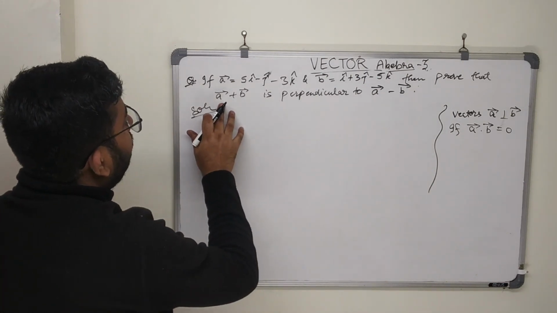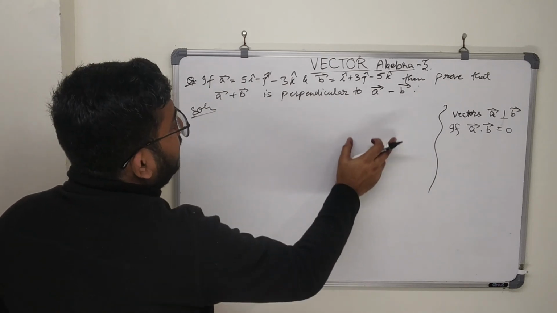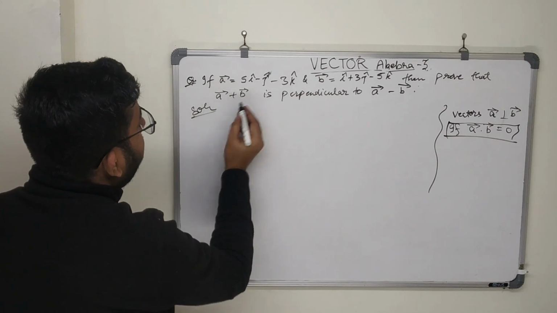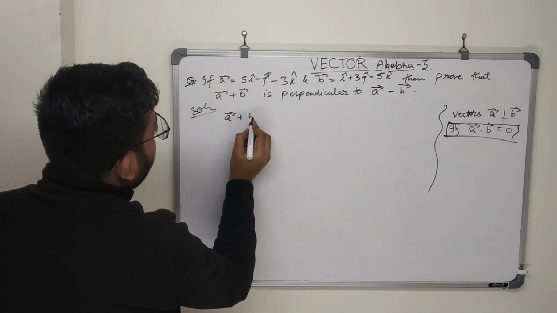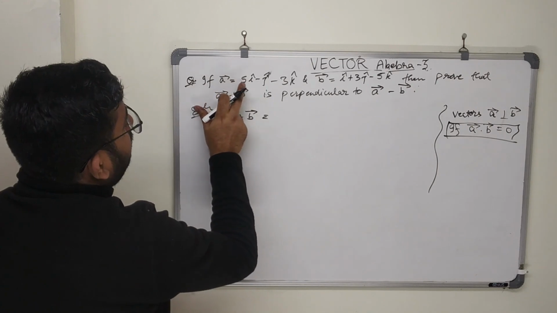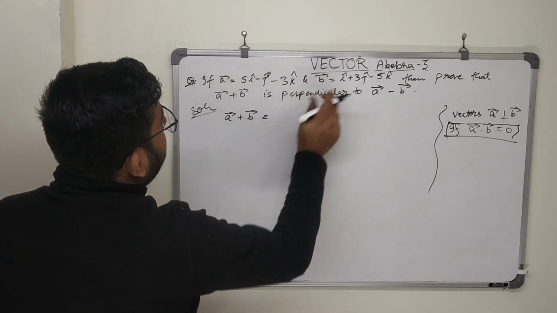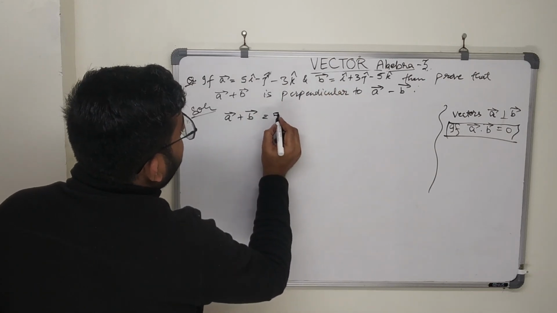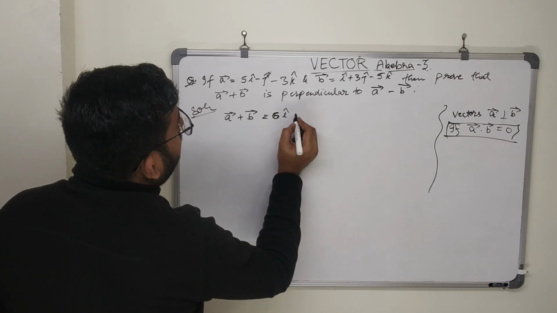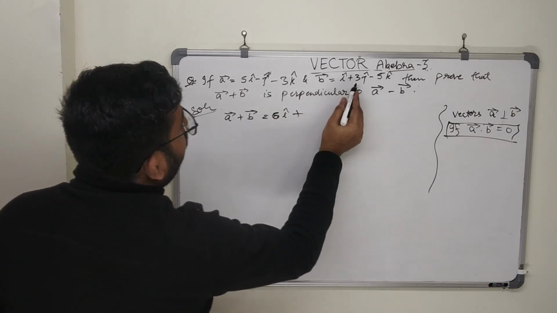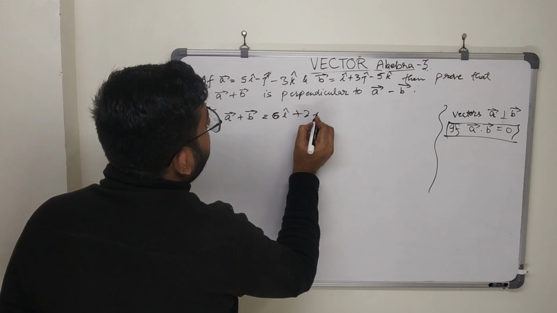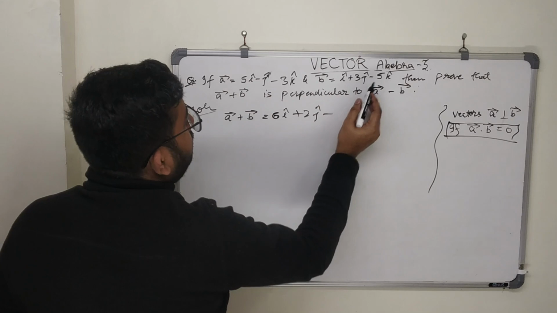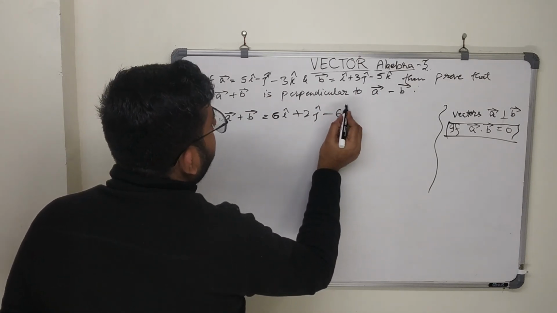For this we will first calculate these terms and then prove this. So now calculating a vector plus b vector: 5 plus 1 equal to 6 i cap, plus minus 1 plus 3, that is 2 j cap, plus minus 3 minus 5, that is minus 8 k cap.